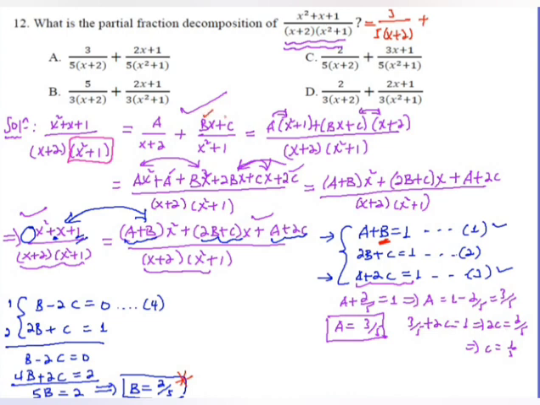So it becomes (2x plus 1) over 5 times (x squared plus 1). So the decomposition of the given rational expression will be the choice in A.